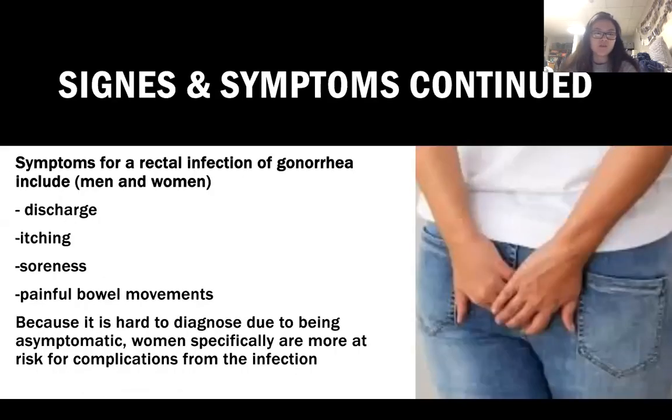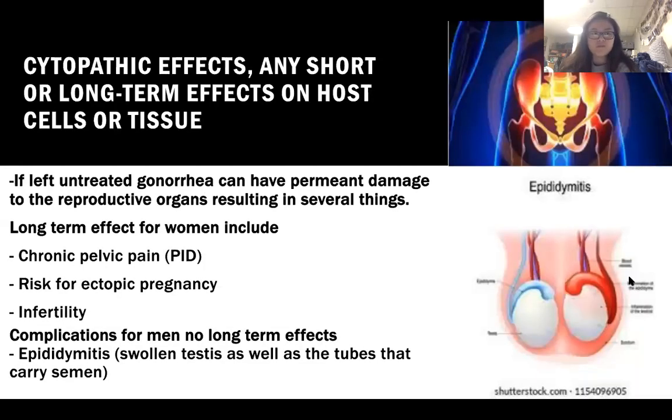Signs and symptoms continued. Symptoms for a rectal infection of gonorrhea include discharge, itching, soreness, painful bowel movements. Because gonorrhea is hard to diagnose due to being asymptomatic, women specifically are more at risk for complications from the infection. Cytopathic effects: any short or long-term effects on host cells or tissues.